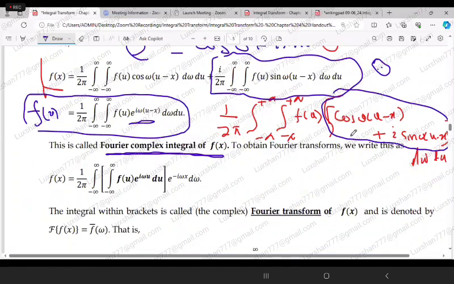Do you understand this, students? Okay, fine. What about others? Only 272.